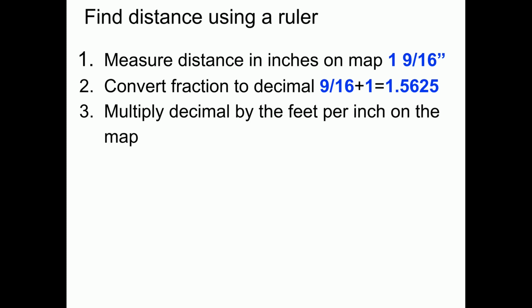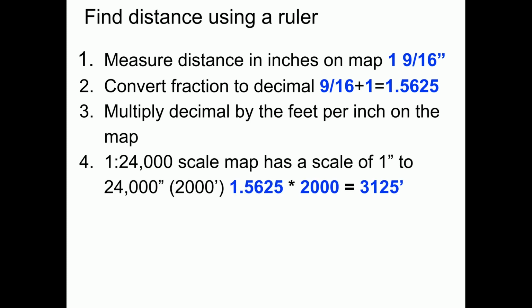Multiply that decimal, the 1.5625, by the feet per inch on the map. We know the feet per inch on the map because we know what the map scale is. The map scale will be given, or I'll give you information that will allow you to calculate the map scale. So once you know what the map scale is, you can figure out how many feet per inch.